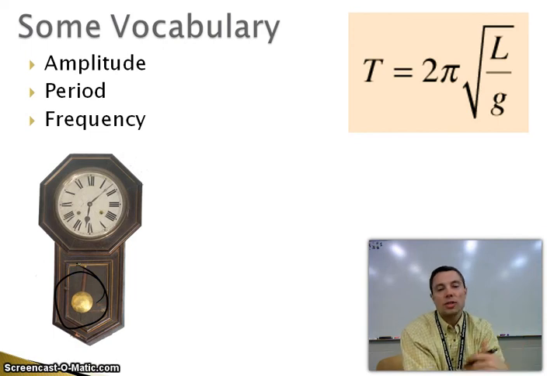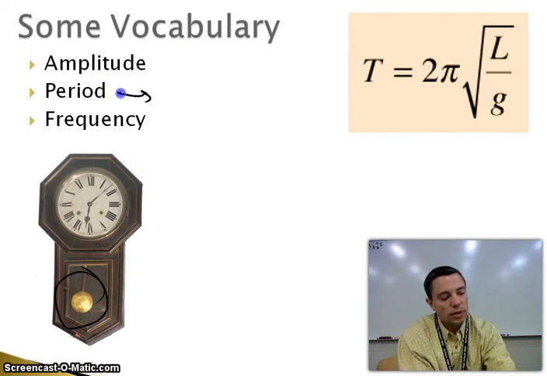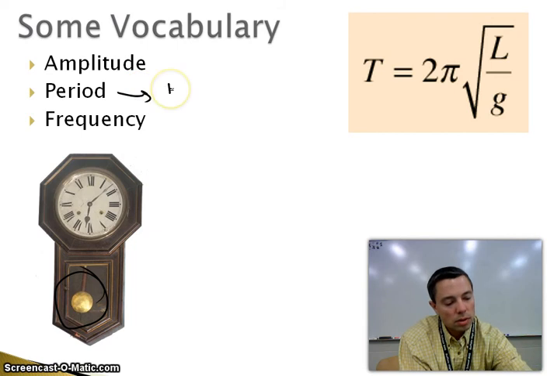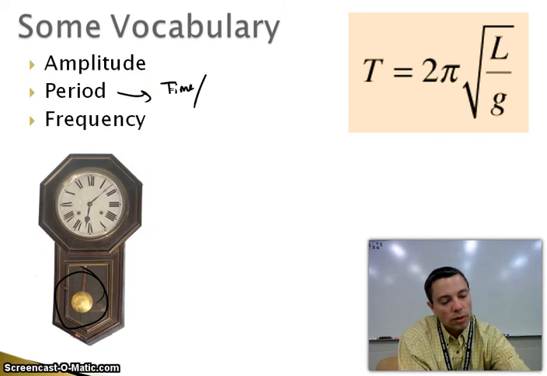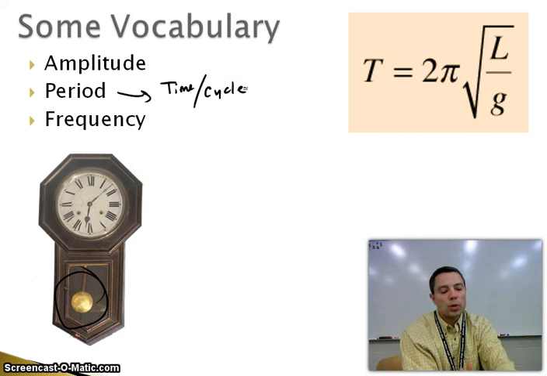So there's a time relationship to that pendulum swing, and we call that the period. The period is the amount of time per cycle.